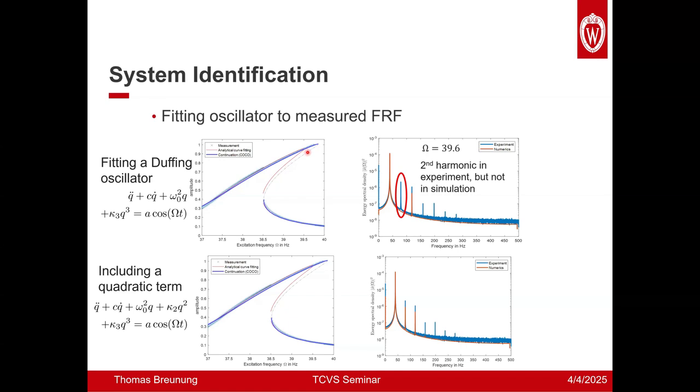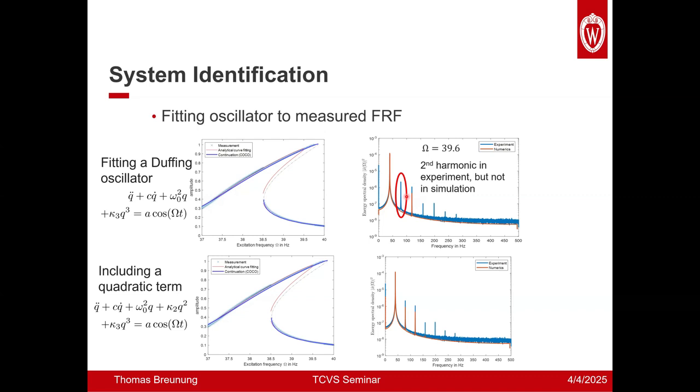However, if we look a bit closer at the response at a higher amplitude pattern, at about 39.6 Hertz, and take a Fourier transformation of the response, we see that in the experiments we have a dominant second harmonic. But in the numerics, if we just simulate a Duffing oscillator, we don't see a second harmonic.